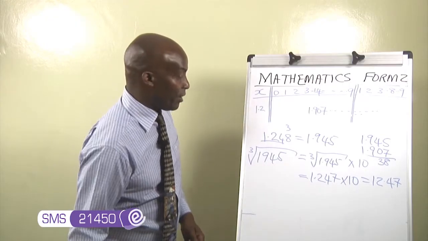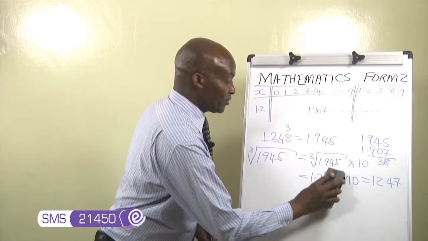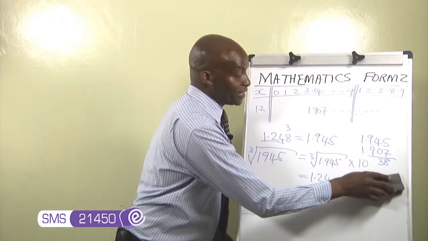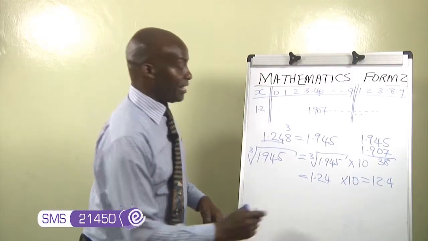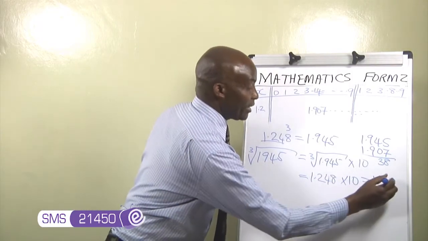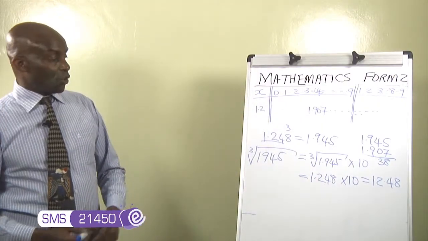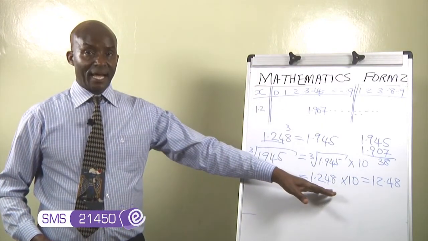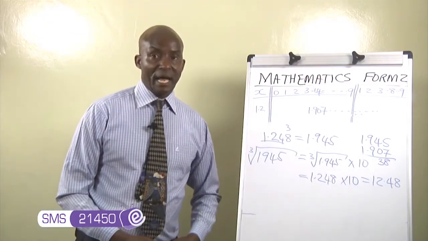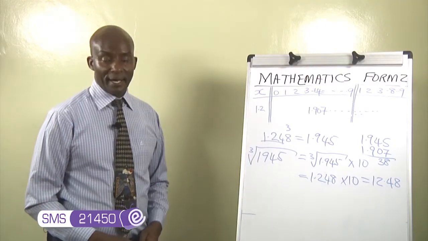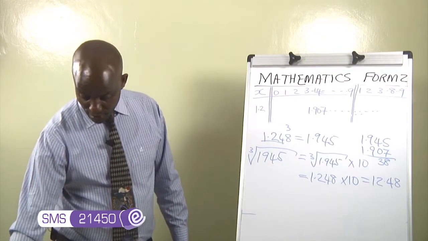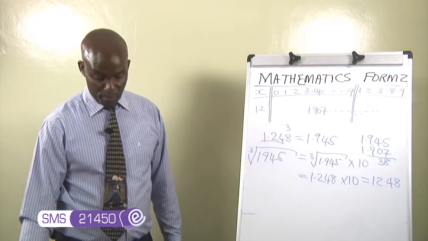And therefore, I will correct this. You must have noticed that mistake, and I'm sure you have acknowledged the correction. So that is our method of determining the cube root of a number that is bigger than 1,000, which cannot be found in our cube tables.